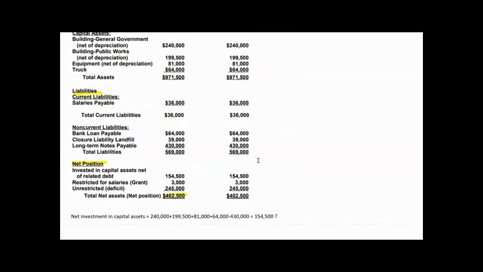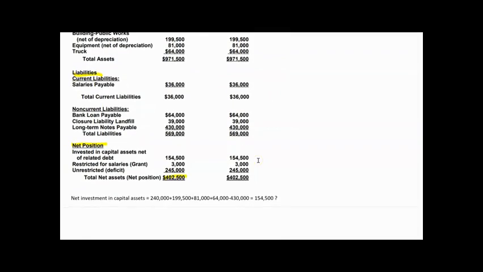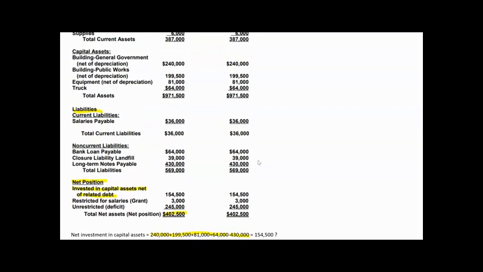Another thing is that under net position, we have an item called investment in capital assets, net of related debt. How do we get this number? We use the total net amount of capital assets minus all the debt related to those capital assets. For example, we include the net amount of the old building plus the new building, plus equipment, plus the truck.